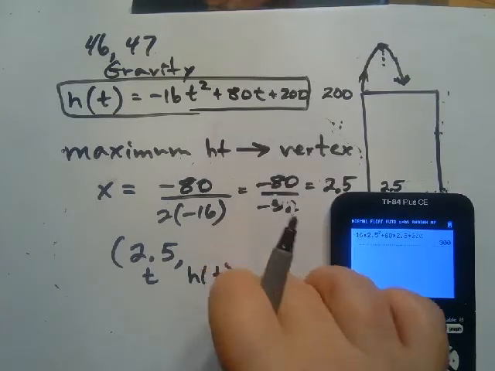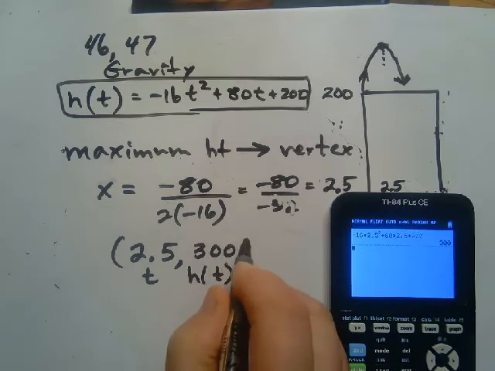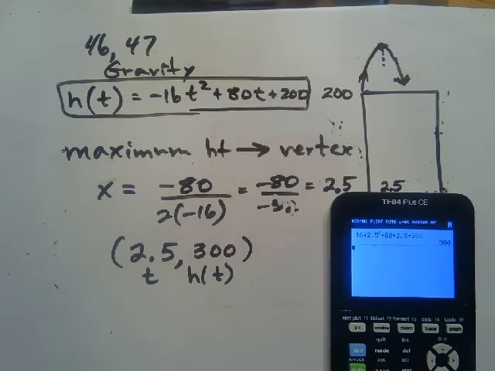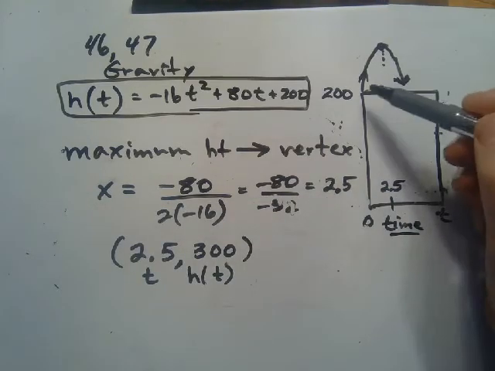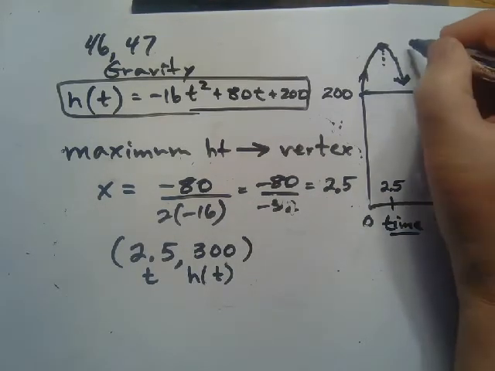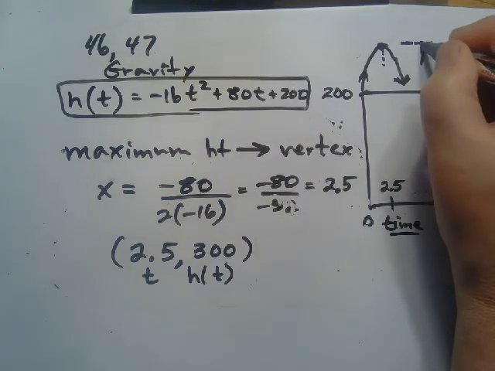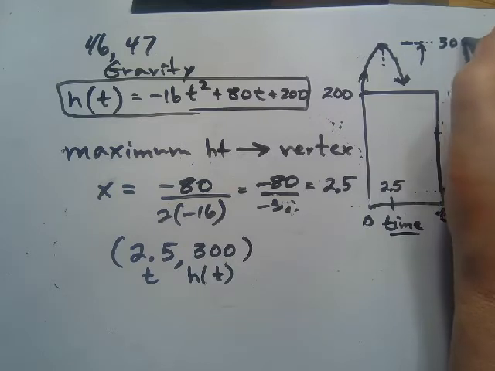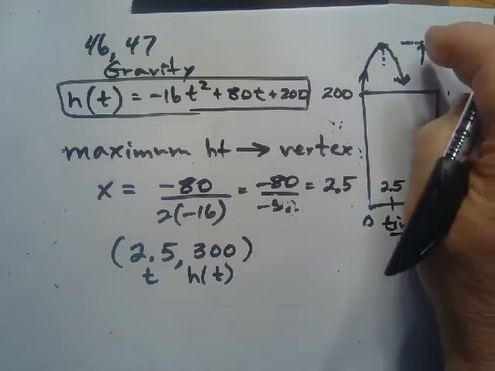So when the time is 2.5, the height is 300 feet. So what it's telling us is that it started at 200, and when it got to that top, that maximum, it was now 300 feet. So it went up 100 feet, and then it started to come back down.